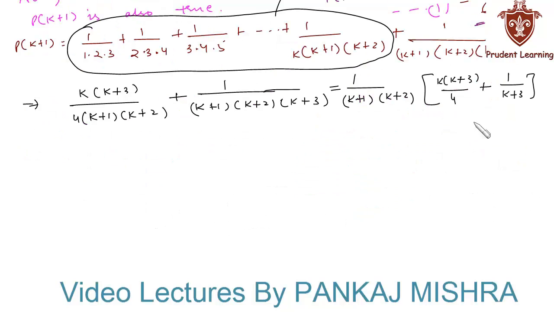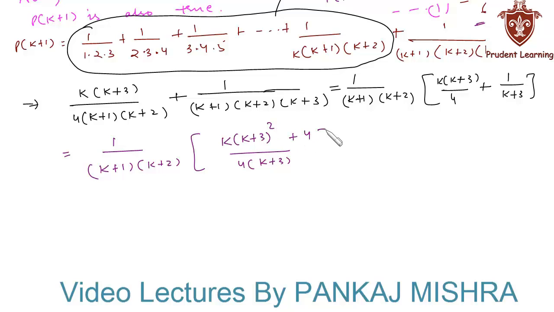In our next step, we'll try to simplify this as much as we can. So here we have 1 upon k plus 1 into k plus 2 into, taking 4 into k plus 3 as LCM, we have k into k plus 3 whole square plus 4.